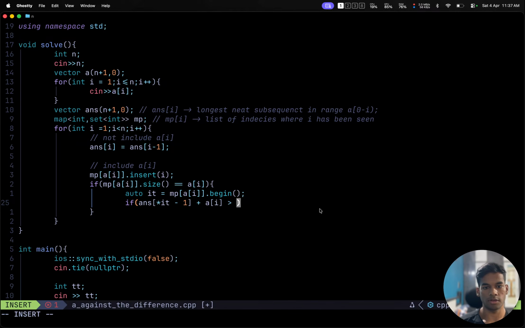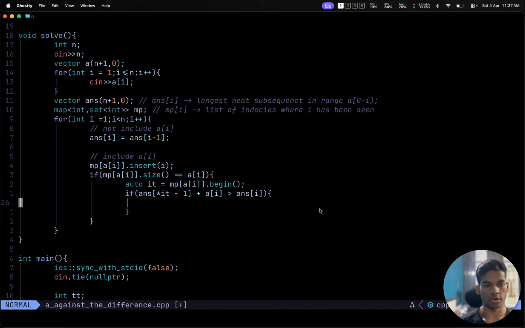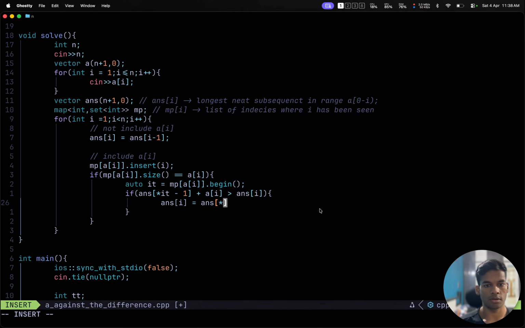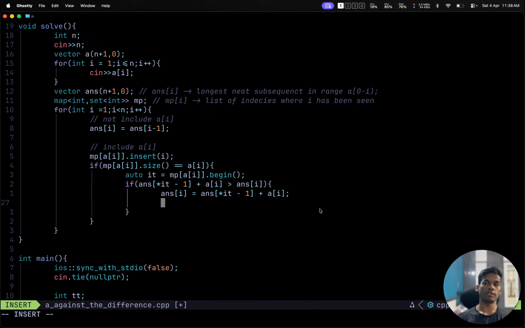If this number is greater than the current answer at this location, then we make our move and say answer i equals answer go to it minus 1 plus a i, and also we have to remove this it element, so mp a i dot erase it.